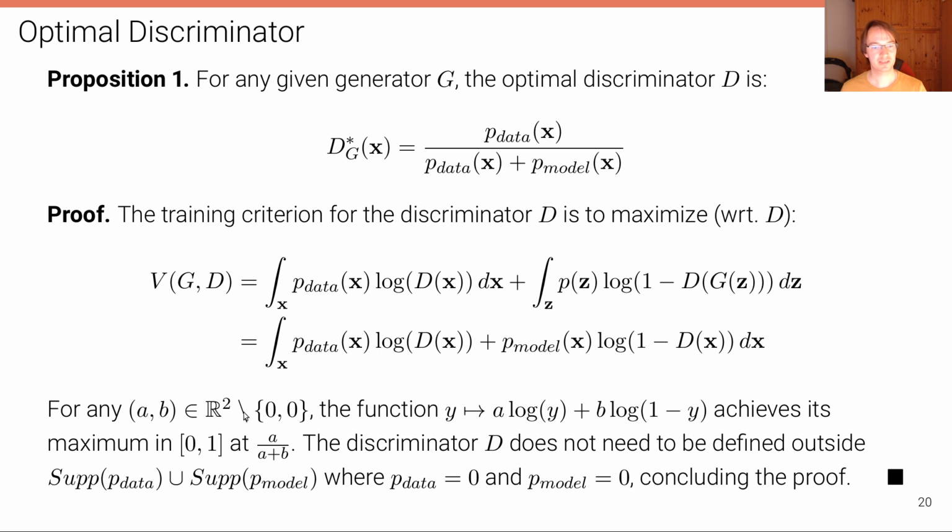So excluding this origin here, in other words, is irrelevant for this consideration, and therefore concluding the proof. All right. So we have shown that what is inside this integral is maximized for discriminators that output values between 0 and 1 at p data over p data plus p model. And this is exactly what we have here on top.